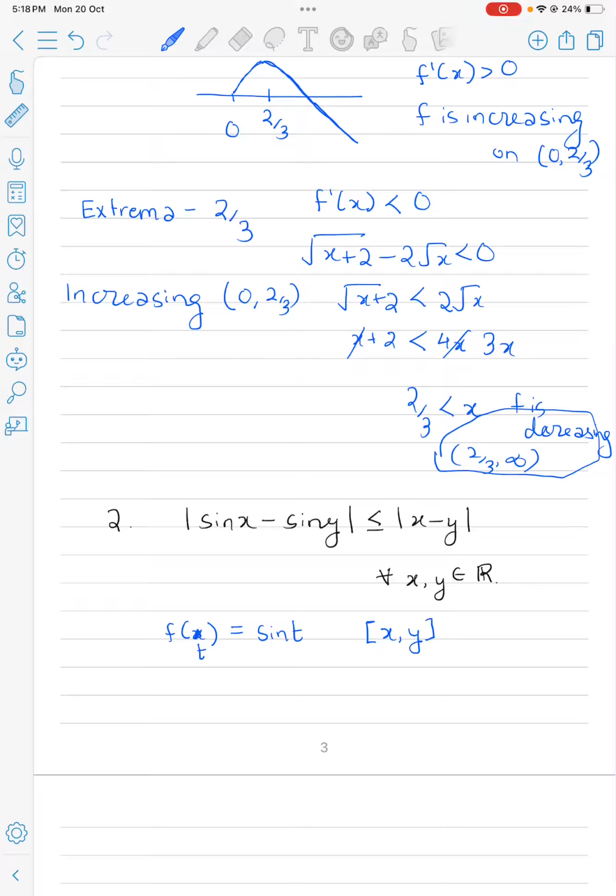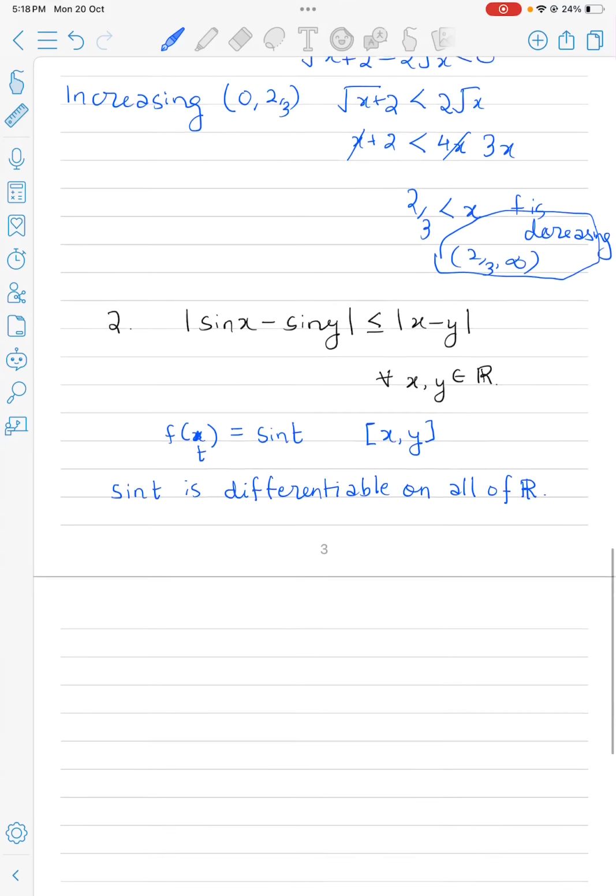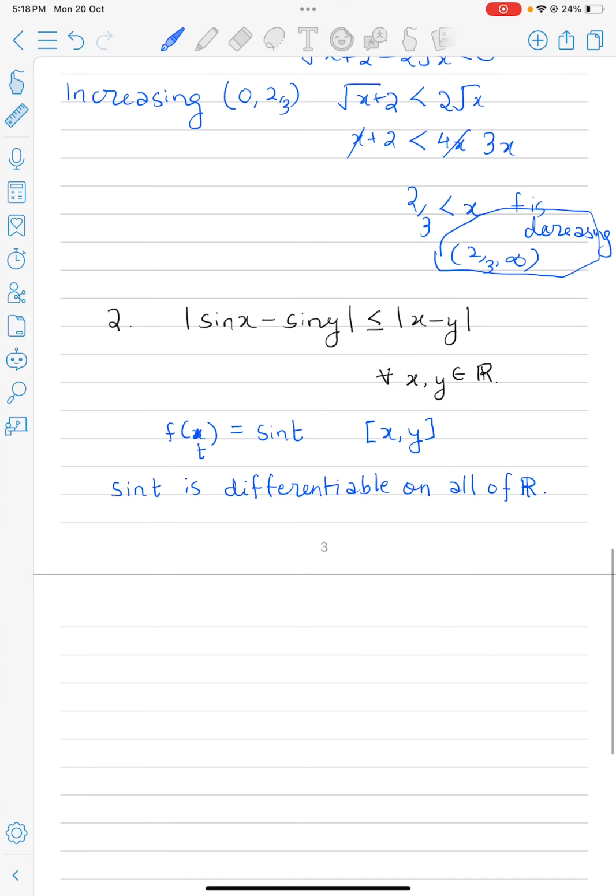You know sine is differentiable on all of R, so it is certainly differentiable on this smaller interval xy, and it is also continuous.